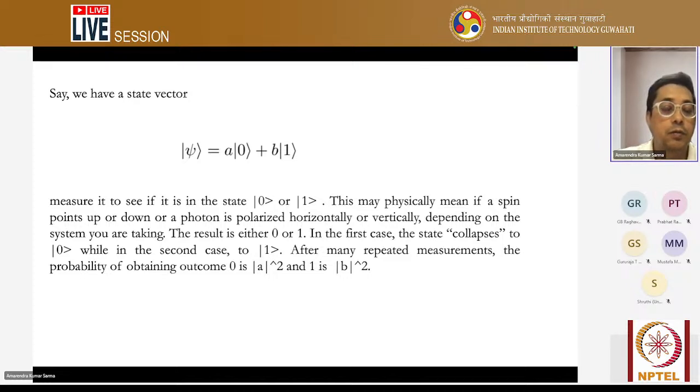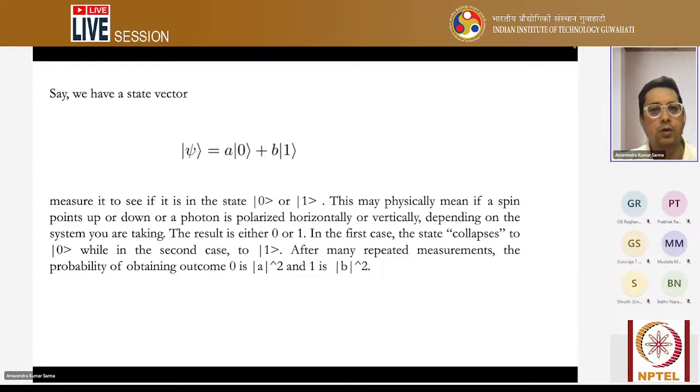In terms of a physical system, say a spin system, |0> may refer to the up spin, and |1> refers to the down spin.